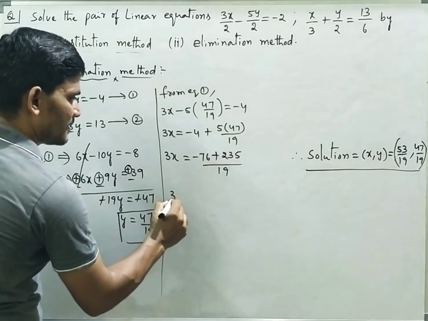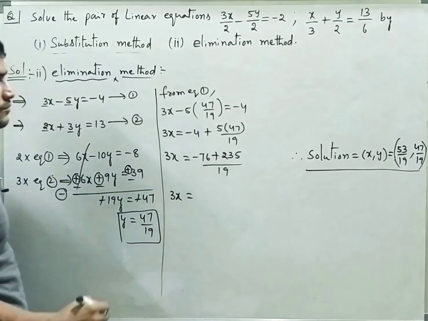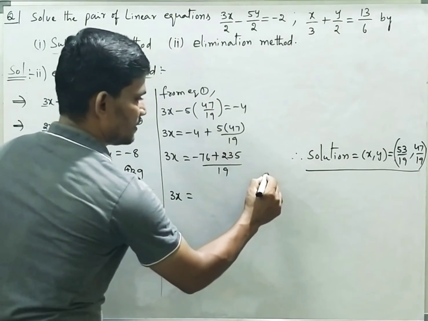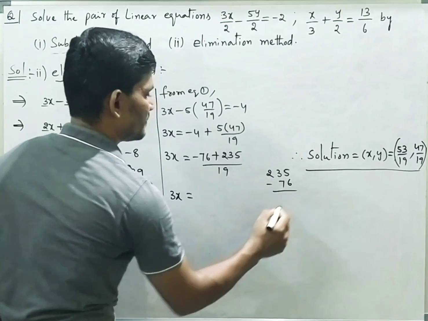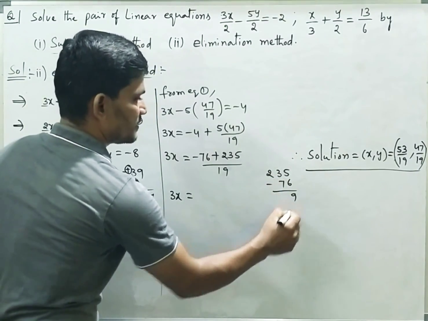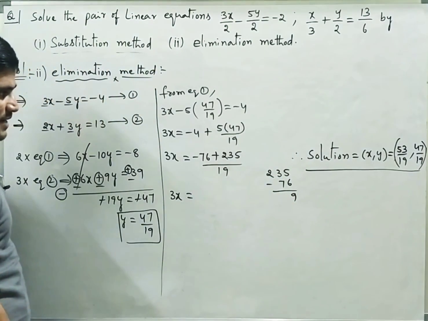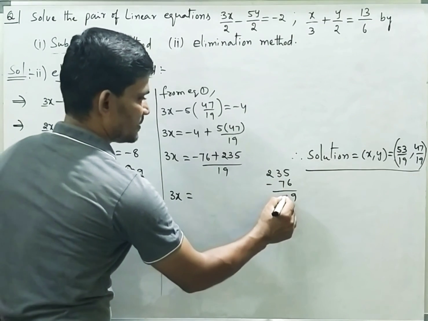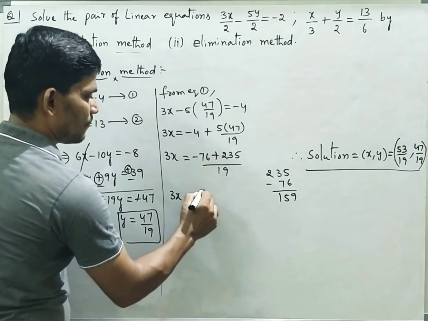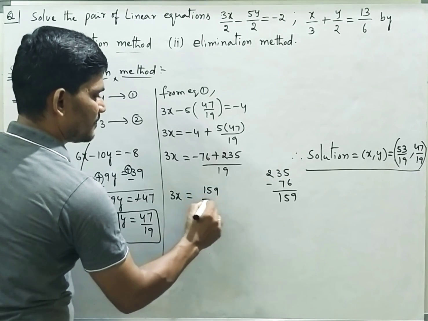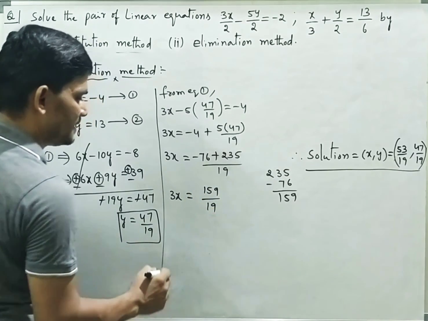Now 3 times x is equal to, do subtraction, 235 minus 76, it becomes 159 by 19.